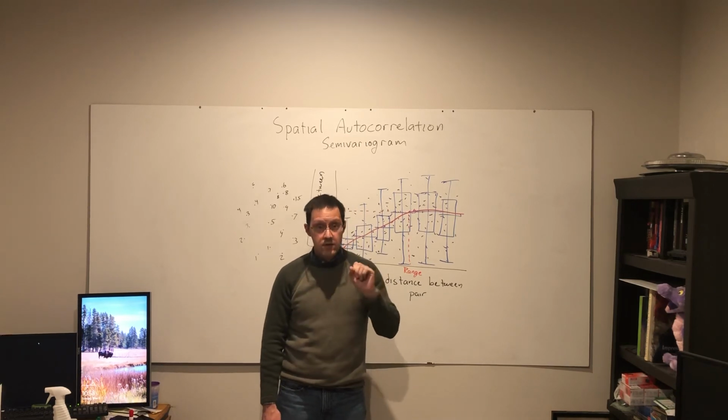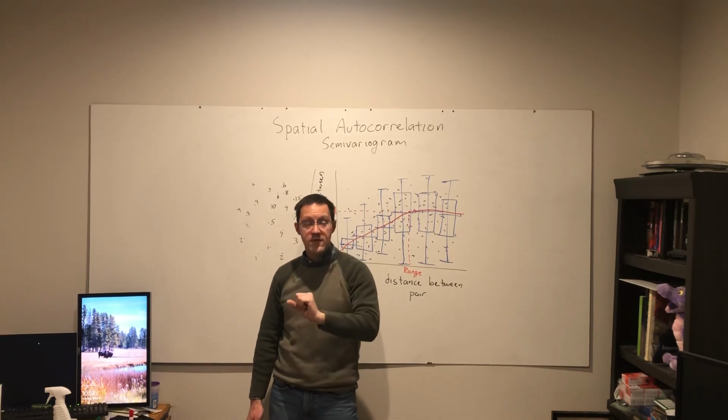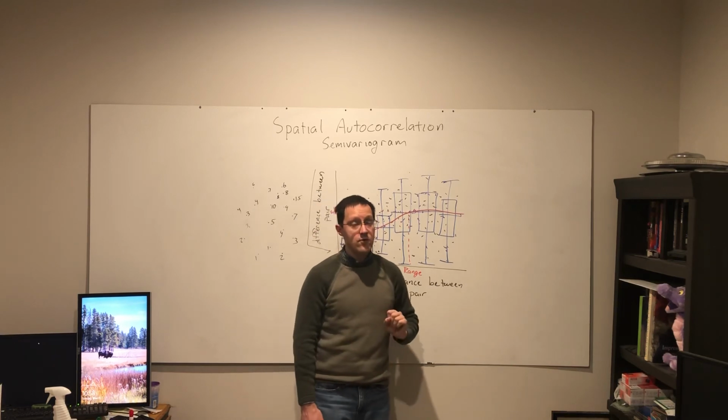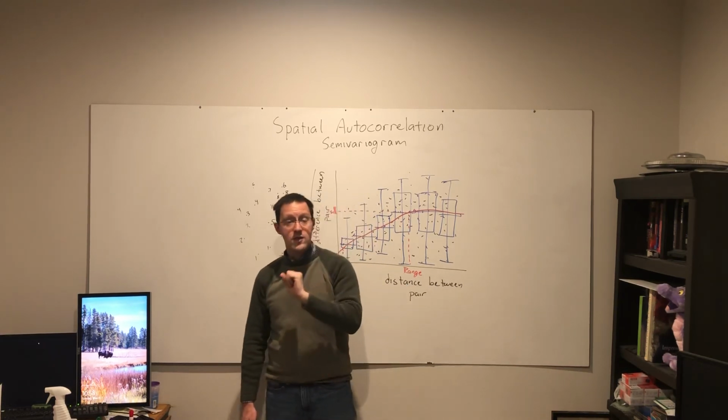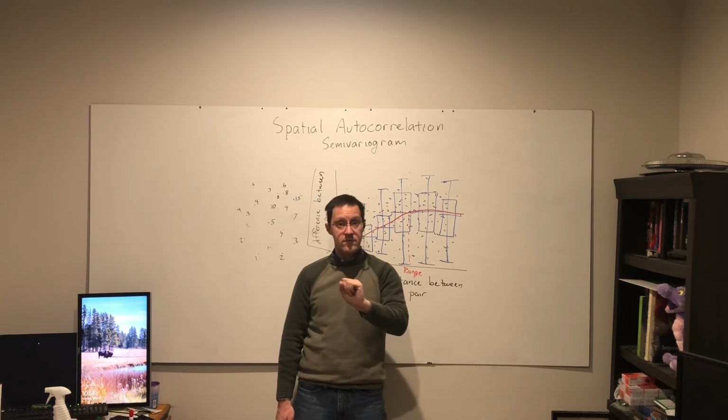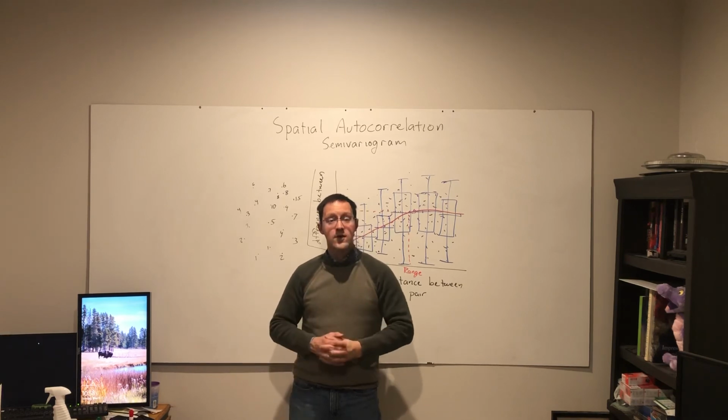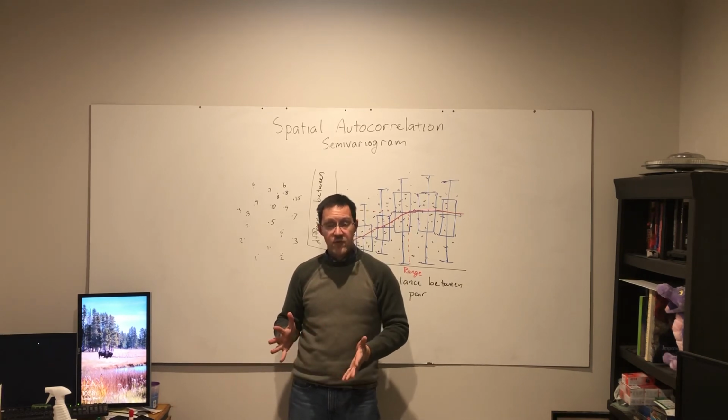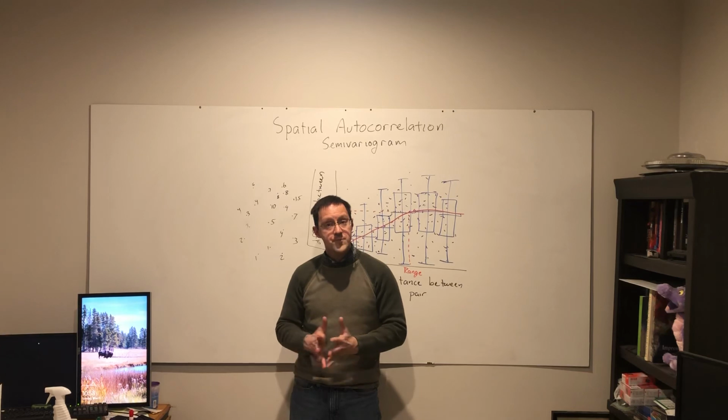Either way you see this, you find there is evidence then of spatial autocorrelation in your individual point samples. That's what the semivariogram is used for.